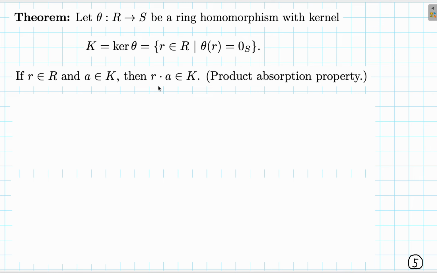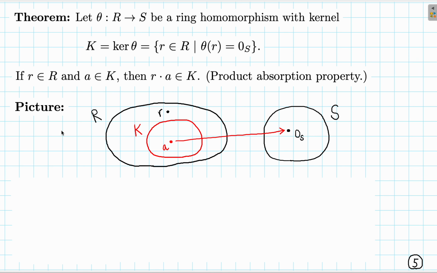That's what this theorem is saying. And also note that K is an additive subgroup of the domain R, which we already proved in group theory. Thus, we can say that the kernel K is an ideal of the domain R, which is what we said about 5Z in the previous slide as well.